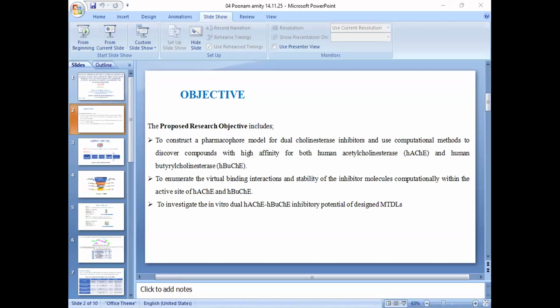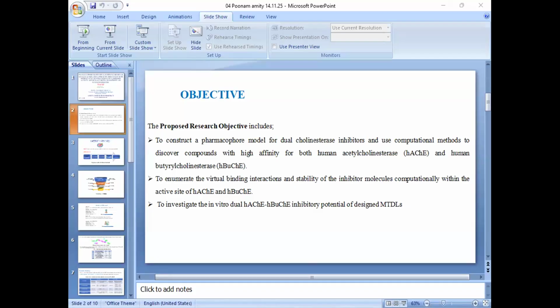Now, the PDBs which were selected were 4EY7 for acetylcholinesterase, and for butyrylcholinesterase we had selected 5DYW, and both of these PDBs were selected based on their resolution as well as their R value, which was under the criteria provided by the literature survey.